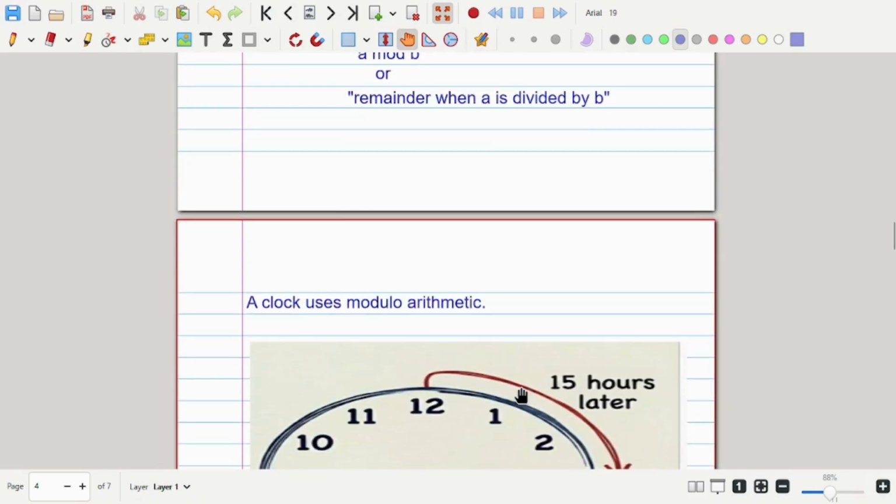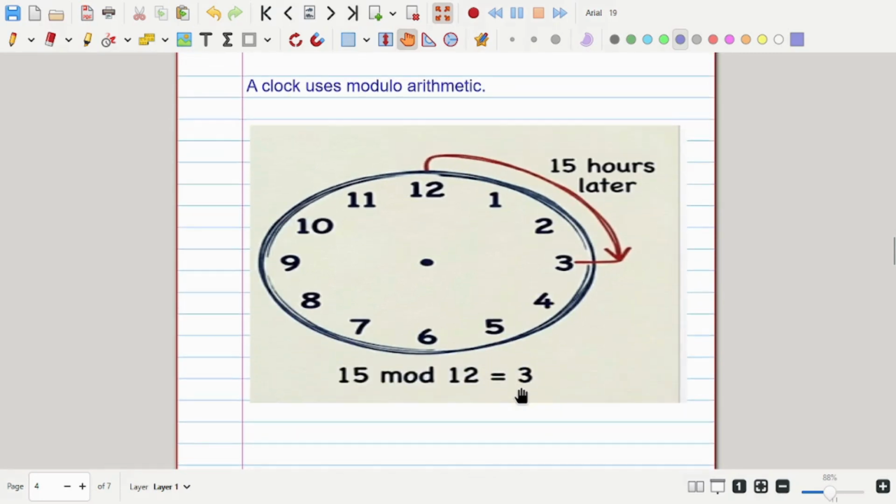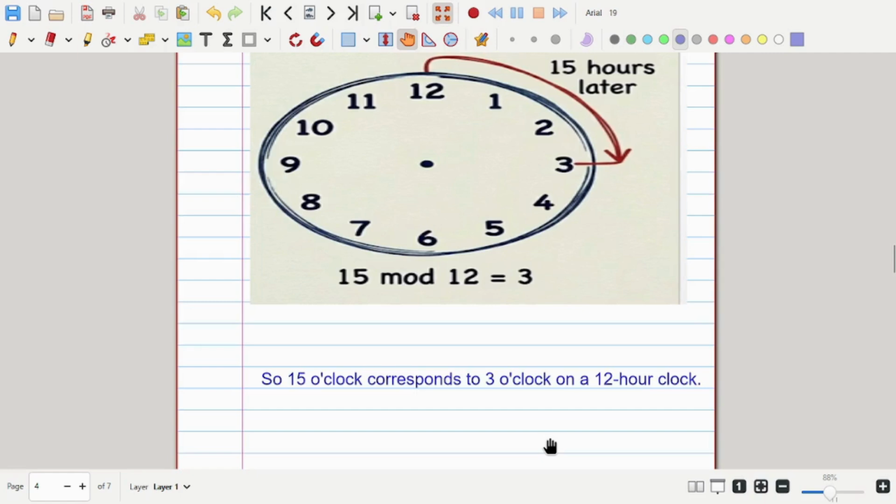This modulo concept is used in our clock. In a 24-hour clock, 15 hours means 15 mod 12, where the remainder is 3. So 15 o'clock corresponds to 3 o'clock on a 12-hour clock.